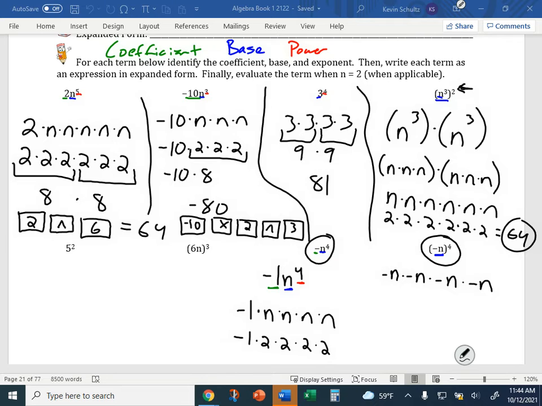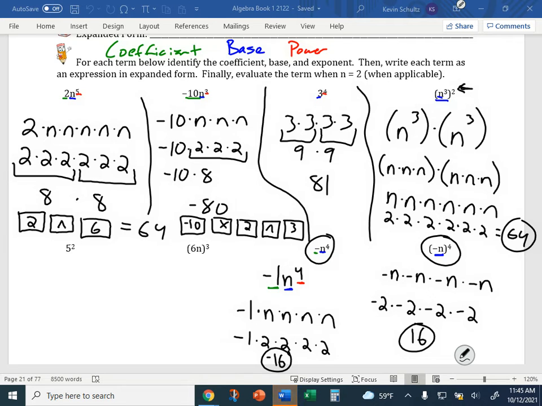Yvonne? Negative 16. Right? In the second one, that negative sign is part of the base. It's negative 2 times negative 2 times negative 2 times negative 2, which is what? Positive 16. Okay?